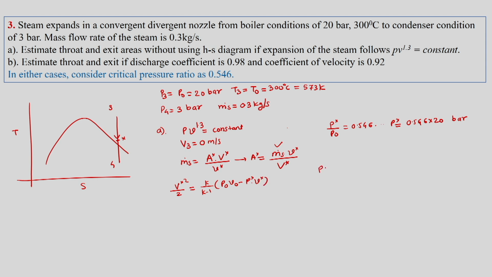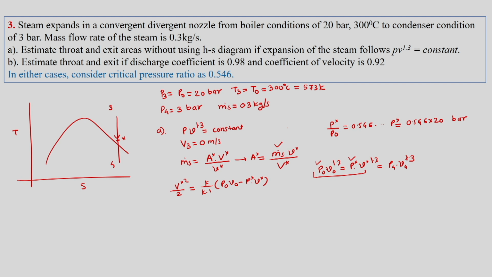We are told that P naught V naught raised to 1.3 is equal to P star V star raised to 1.3, which is equal to P4 V4 raised to 1.3. Using the first relation, P star upon P naught is 0.546, so we know P star and P naught, and from the steam table we can find V naught corresponding to 20 bar and 300 degree Celsius.